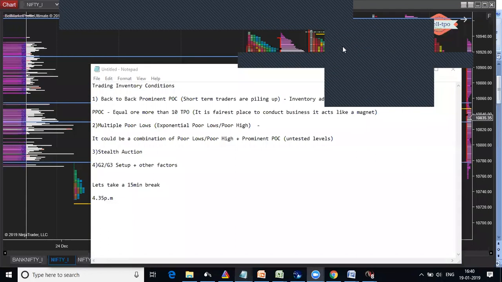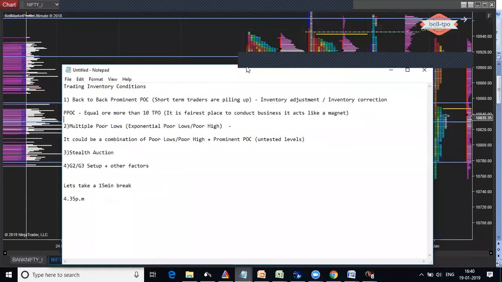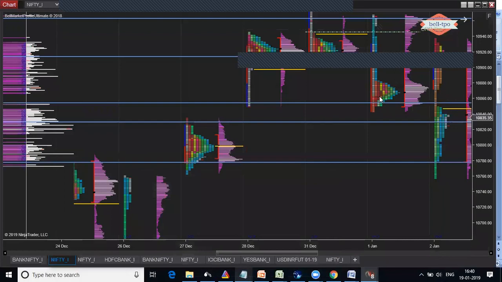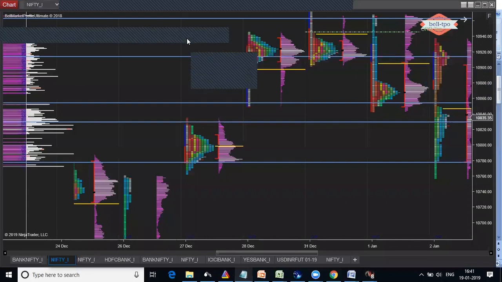So let's quickly get into the scanners. First of all, before getting into the scanners, let's try to understand the properties of Bell Market Profile Ultimate and the features it supports.